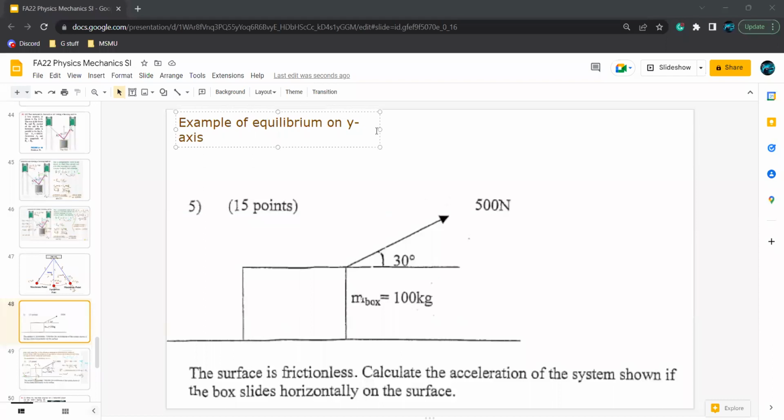So remember in the last one, we said that it's equilibrium on the y-axis. And what we meant by that was, you have normal force here, you have force gravity here, and then you have your force Y pull.